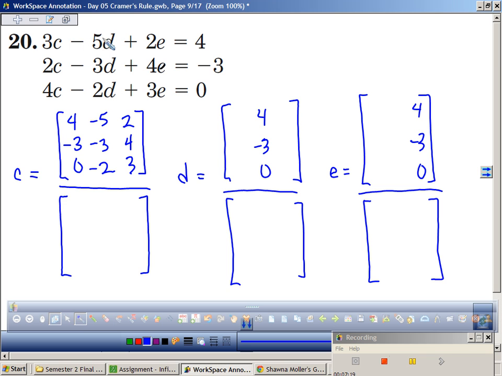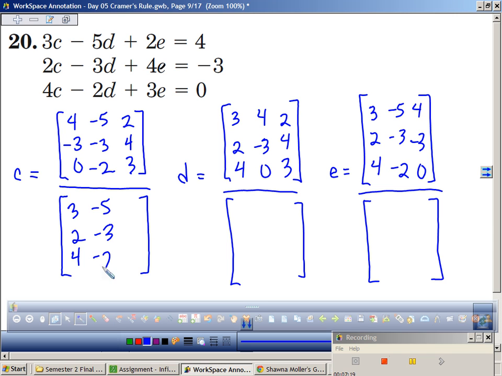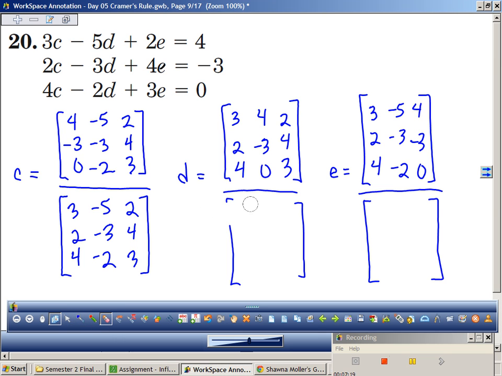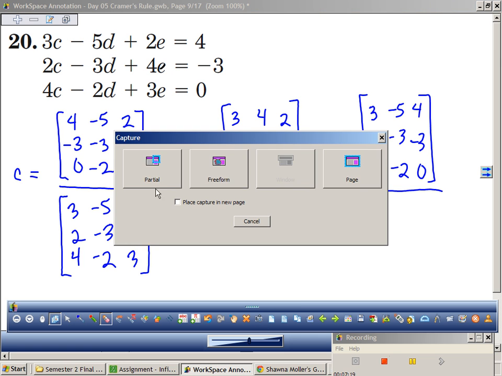That coefficient is negative 2, negative 3, and negative 5. This one is 3, 2, and 4, 2, 4, and 3. And this one is 3, 2, and 4, negative 5, negative 3, negative 2. And the denominator is 3, 2, 4, negative 5, negative 3, negative 2, 2, 4, 3. I'm getting tired of listening to myself. Let's just copy it.